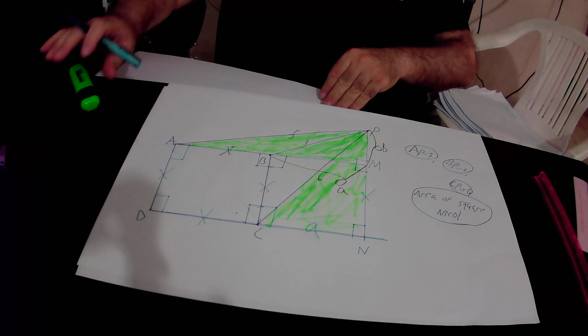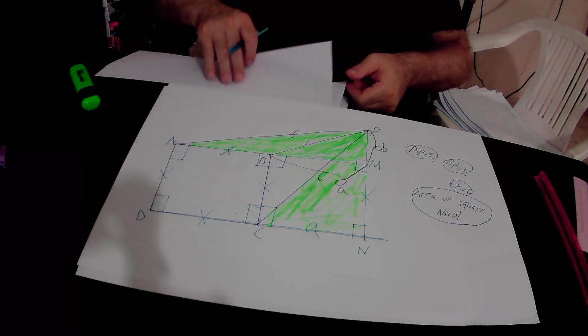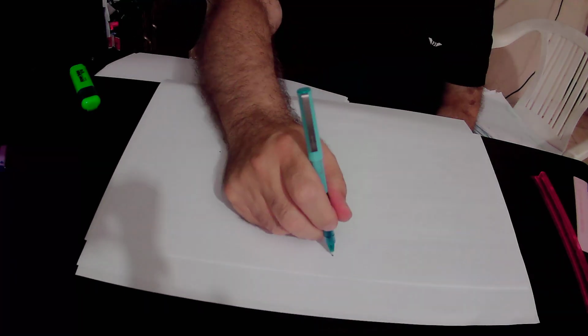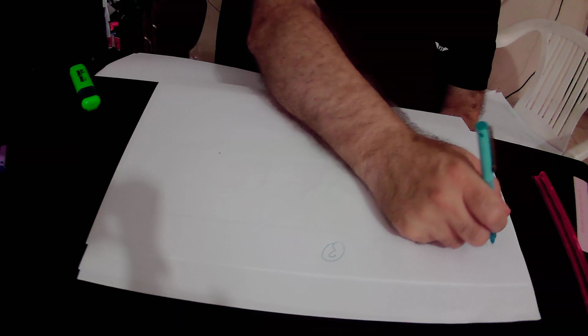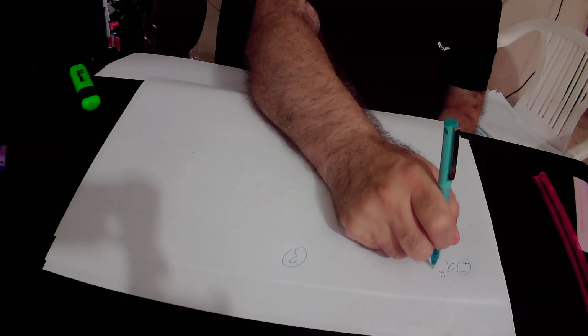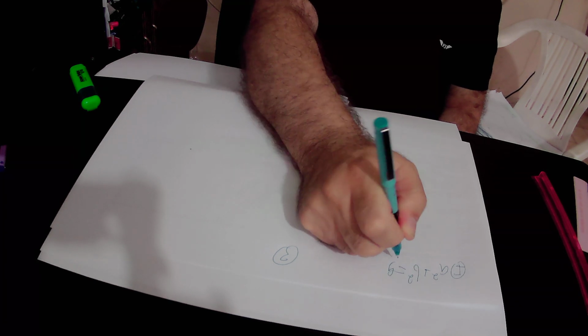And according to equation number 1, we have already found out that A squared plus B squared equals 9.